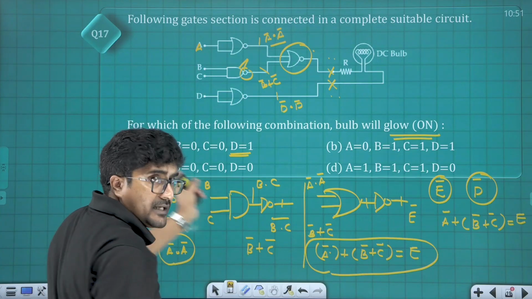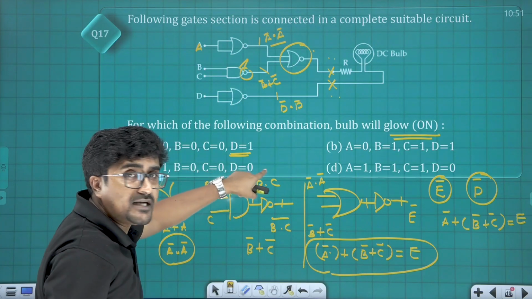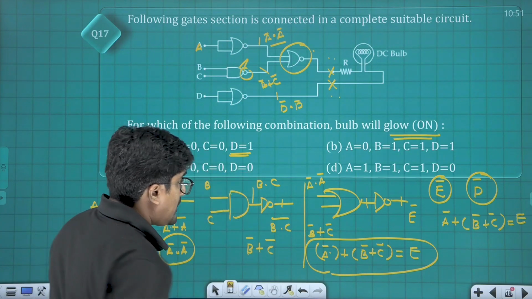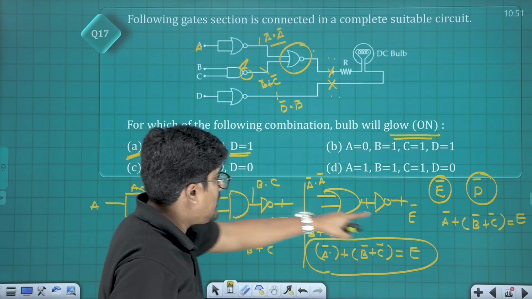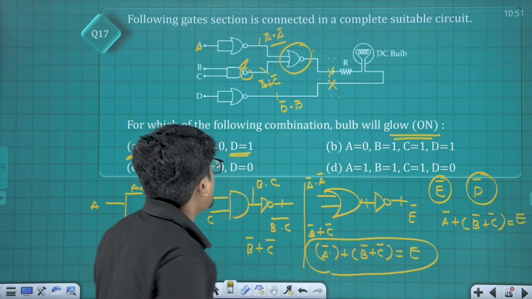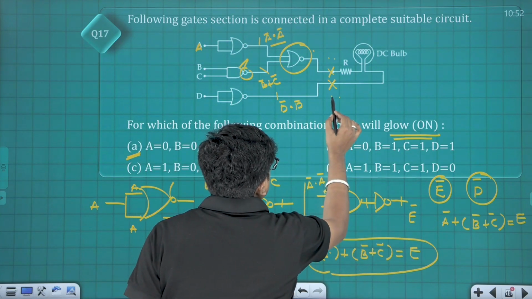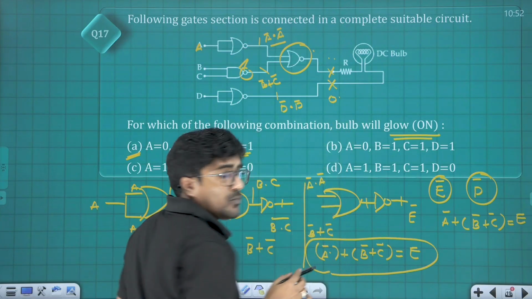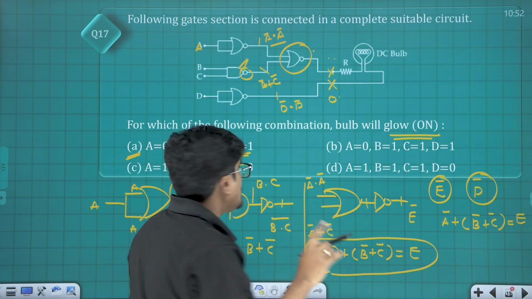If D is 1, what is D bar? D bar is going to be 0. So in the first case, option 1, it's 0 here.